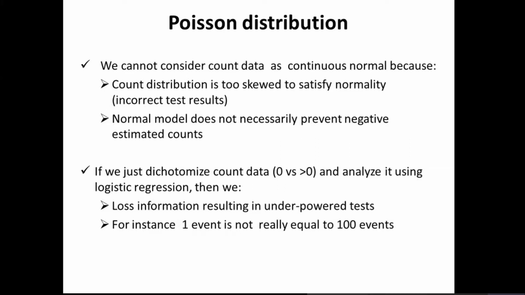What if we dichotomize the count outcome? You can dichotomize it as greater than 0 or not, greater than 10 or not, and then use logistic regression. But that is a loss of information. For example, assume CD4 count, which is a count. A CD4 count of 500 and above is usually considered normal, though not always.